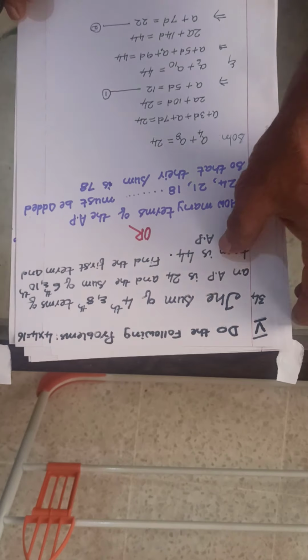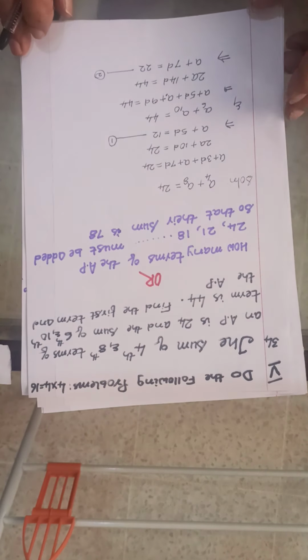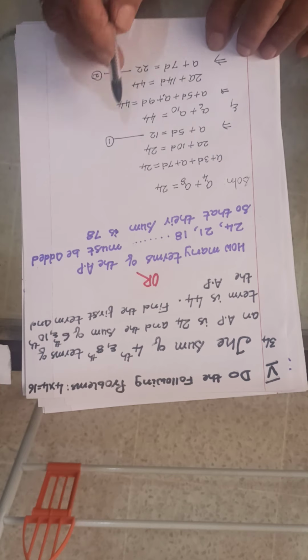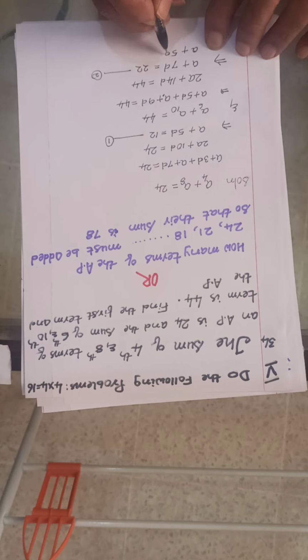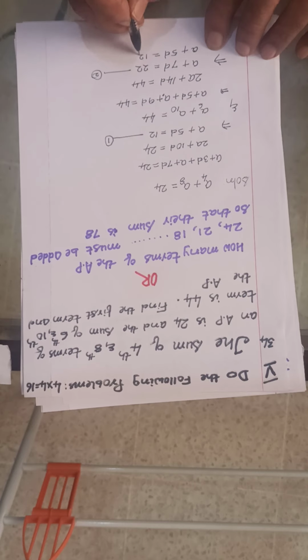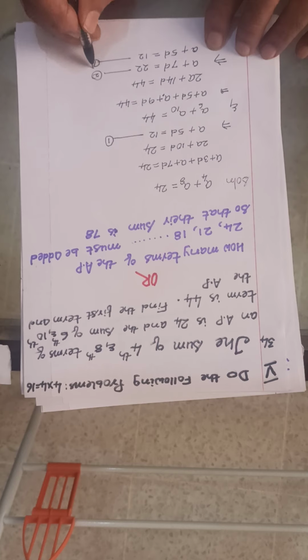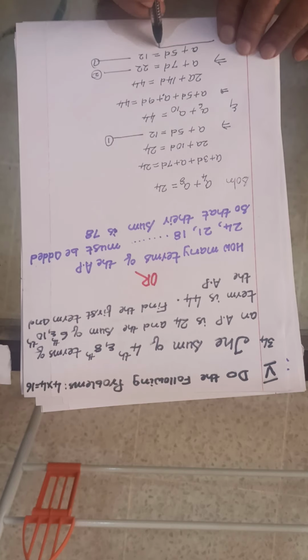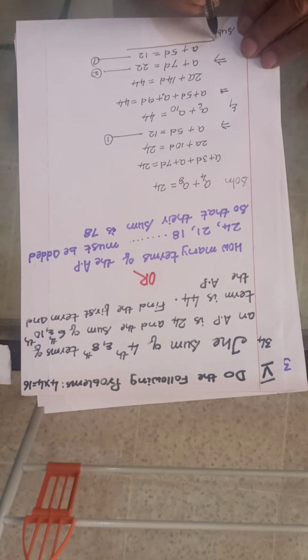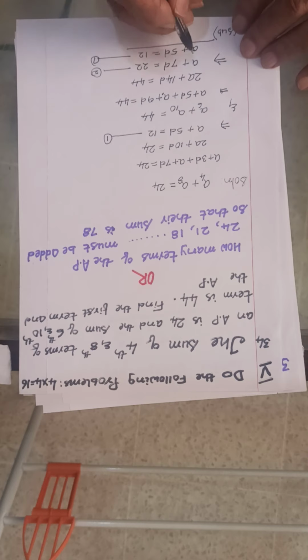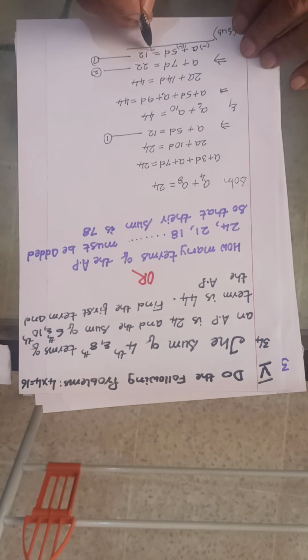Now write equation number 1 under this. That is equation number 1: A plus 5D is equal to 12. These are called a pair of linear equations. Now solve it. A has equal coefficients, so equalizing the coefficients, you have to subtract. Equation 1 is subtracted from equation 2, so the signs change to minus.